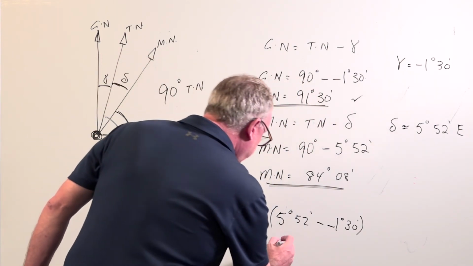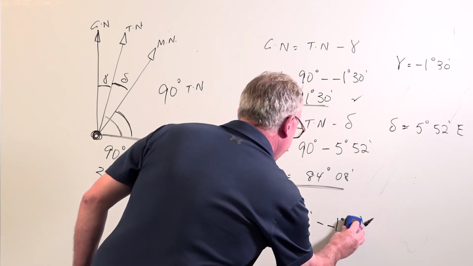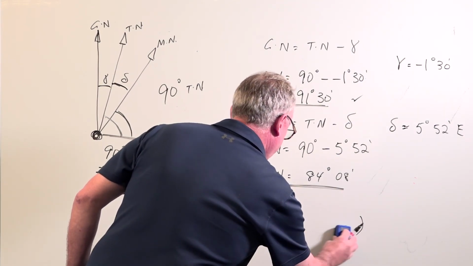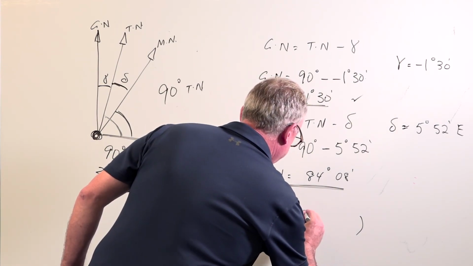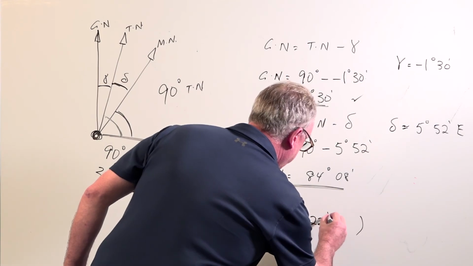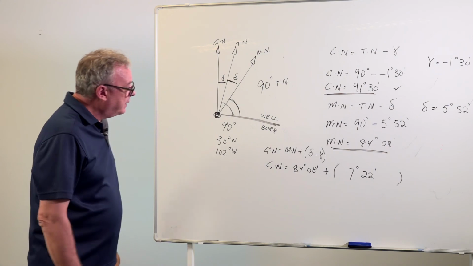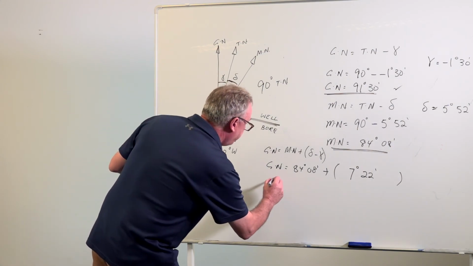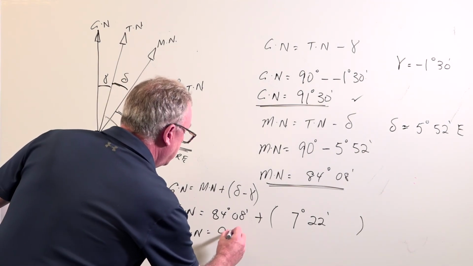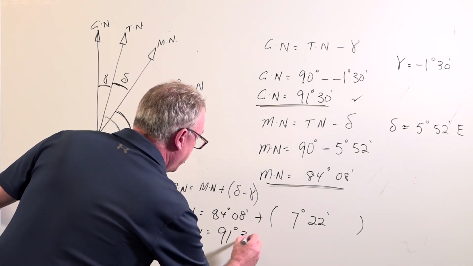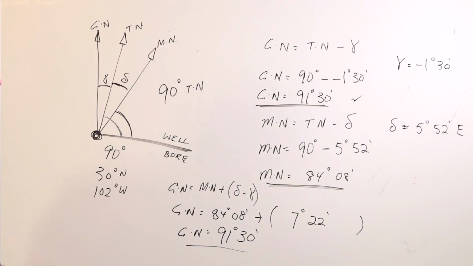So that is all going to cancel out there and is going to give me a value of 7 degrees and 22 minutes. And if I add that now to my magnetic north azimuth there, I will end up with a figure that grid north will equal 91 degrees and 30 minutes, which returns me back to the figure we calculated there.